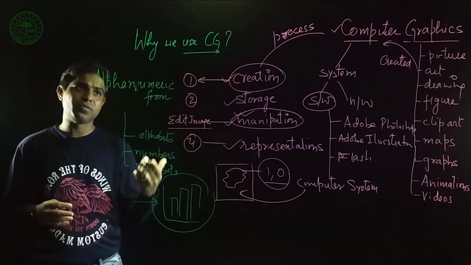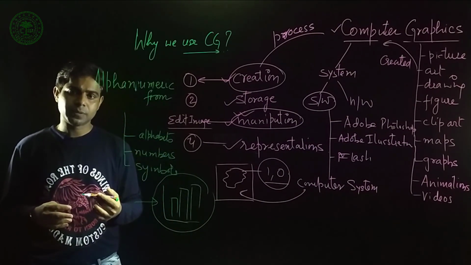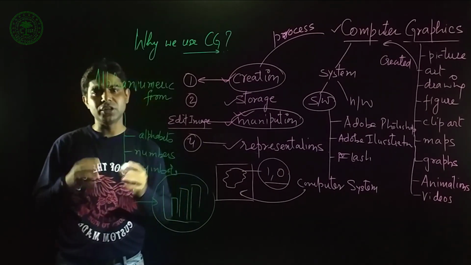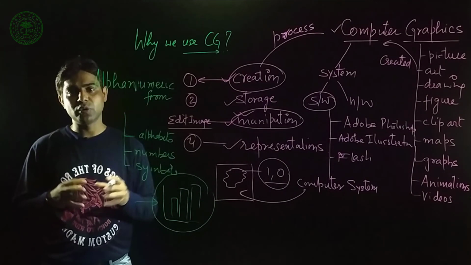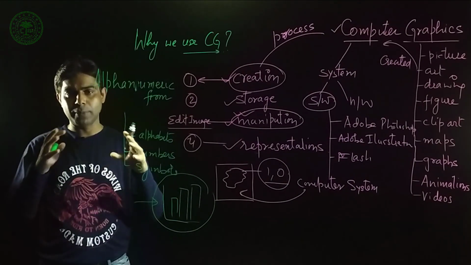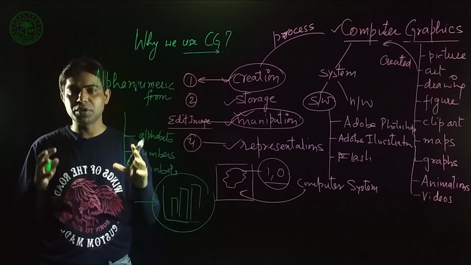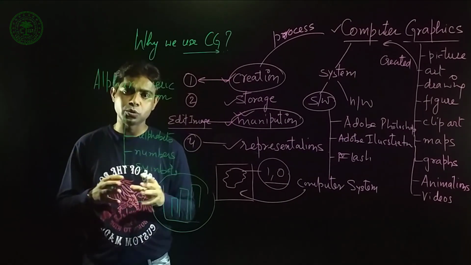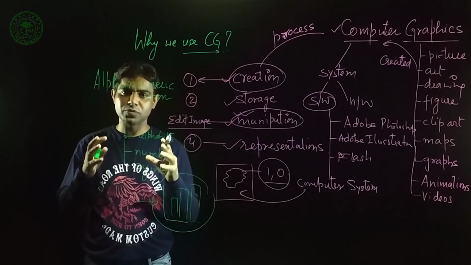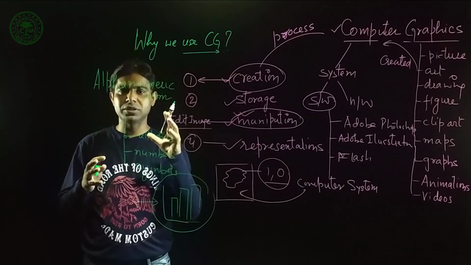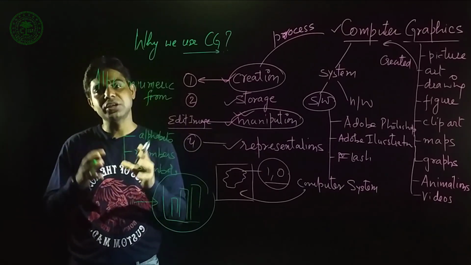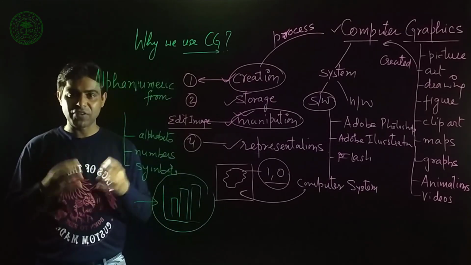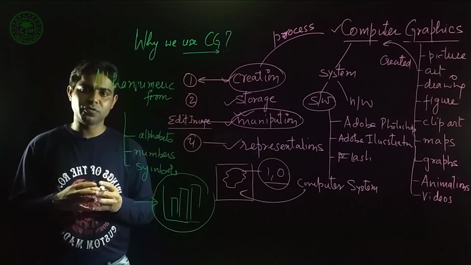And there is a boom of computer graphics on the internet. On websites you see a number of images, the advertisements going on, and the videos shown. The reason is that things become very catchy for the viewers. So that is why we are using computer graphics effectively in a number of fields.